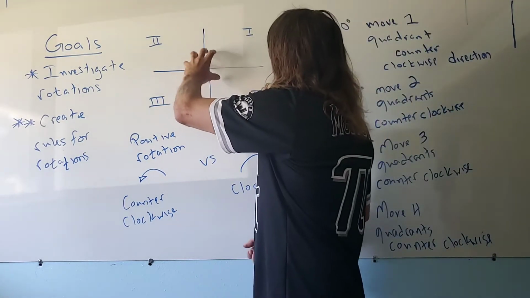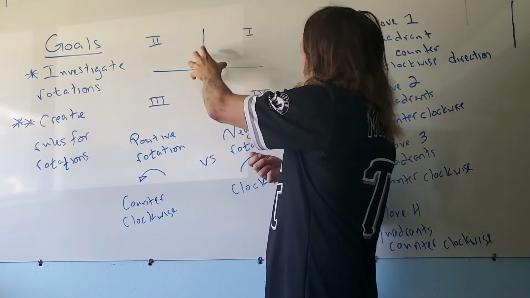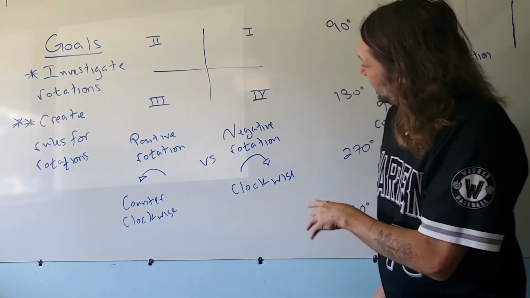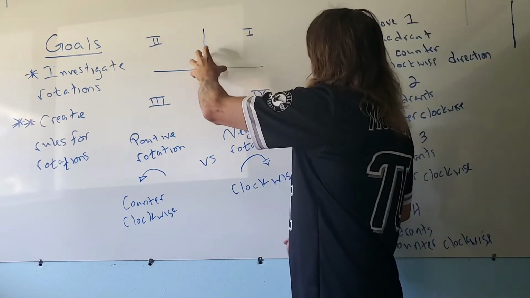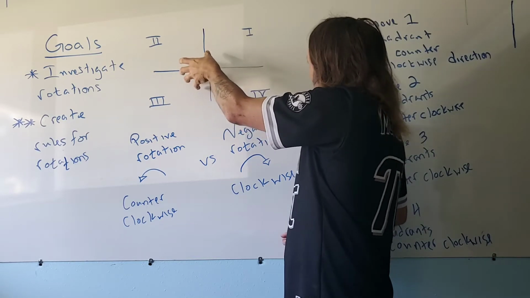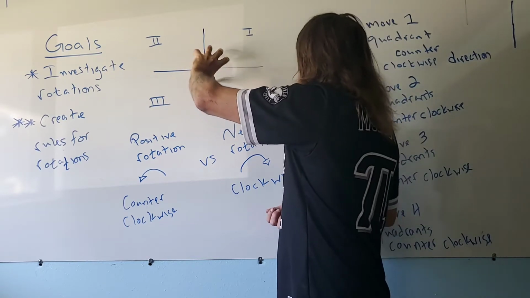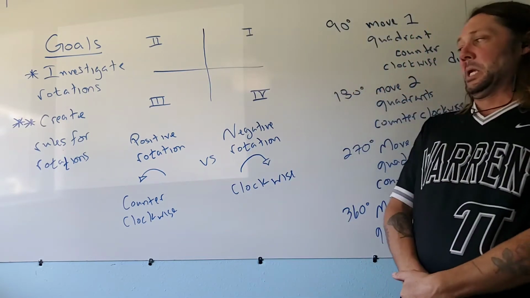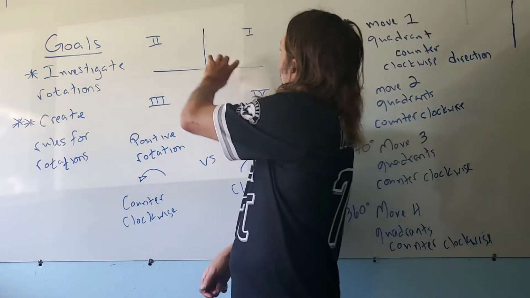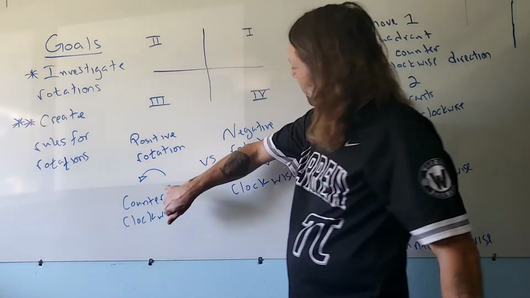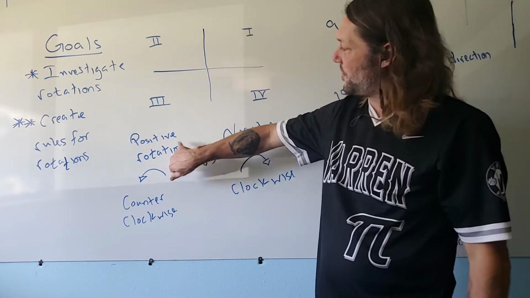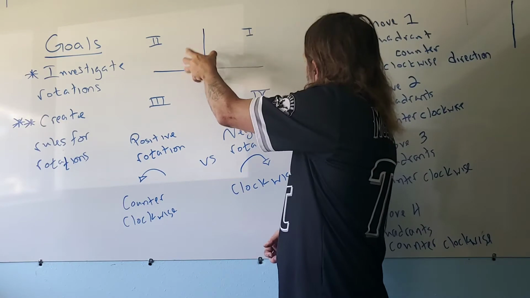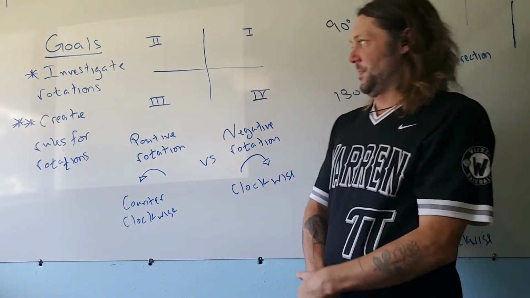So spinning in this way is a positive rotation. Now, if this direction is a positive rotation, it's pretty simple to realize that the other direction must be our negative direction, and we call that our clockwise direction. So again, the order of the quadrants will hopefully help you remember that that's a positive rotation. The opposite direction, that will be a negative rotation.